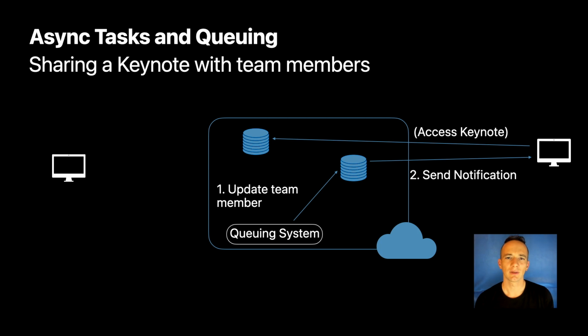When executed, the queued task will update the databases of my teammates, potentially in different data centers, to reflect that access was granted to a new keynote file. CloudKit servers at those locations also send notifications to my teammates' devices. Upon receiving the notification, my teammates can access the shared file in my logical database and review my keynote presentation.